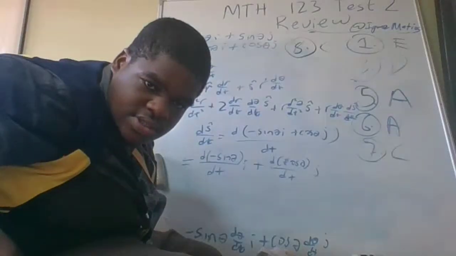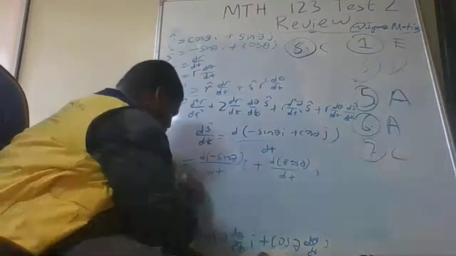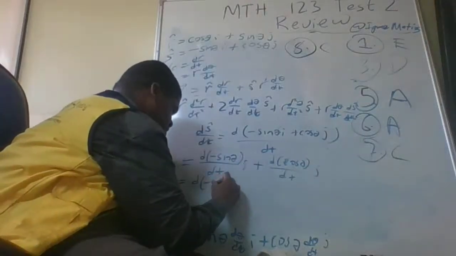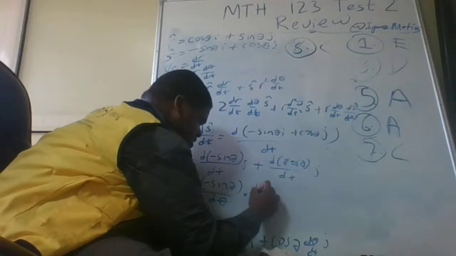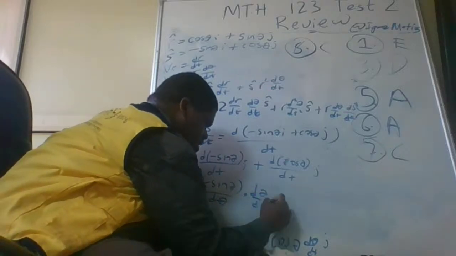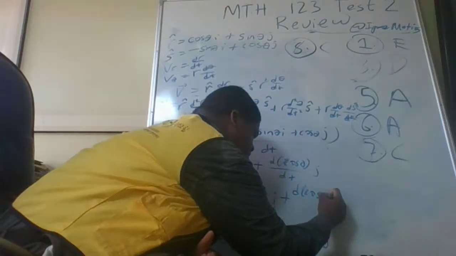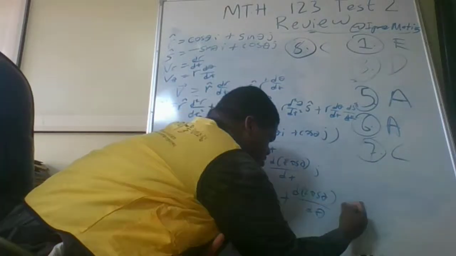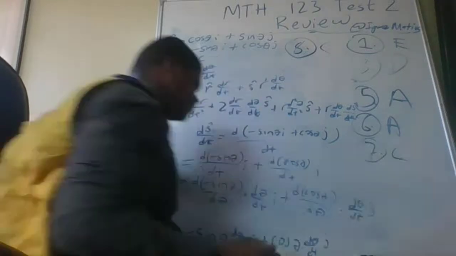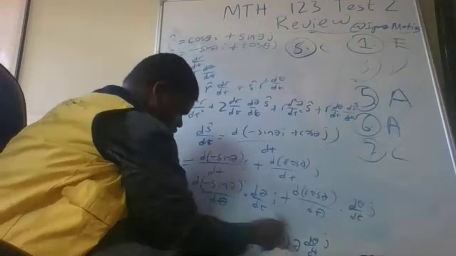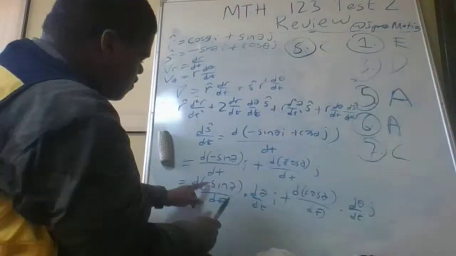I believe the recording is still going on. So we apply the chain rule, and for the chain rule, this is equal to the derivative of minus sine theta with respect to theta times dθ/dt i plus the derivative of cos theta with respect to theta times dθ/dt j.